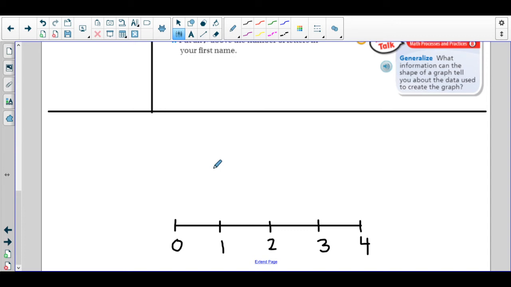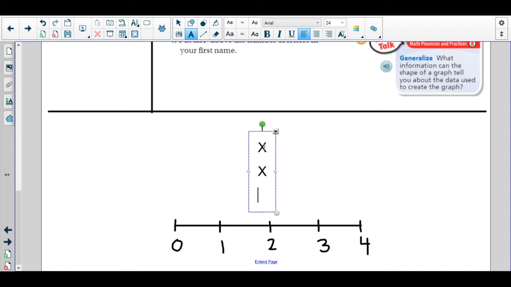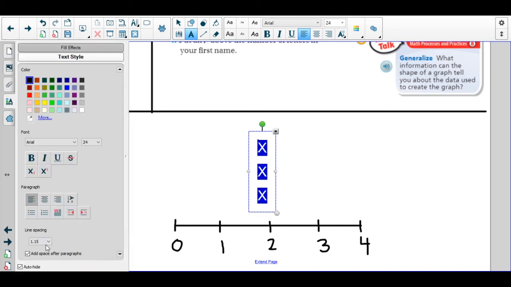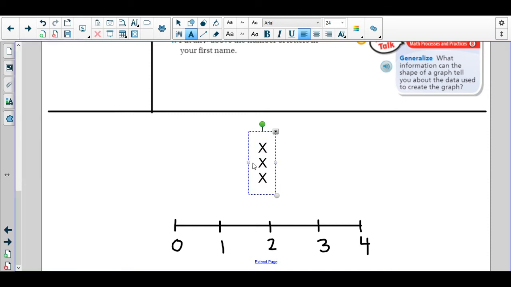And let's say that after I give an assessment or something in class or whatever, I have something that looks like this. Let's see if I can't get rid of that space in between there. There we go.